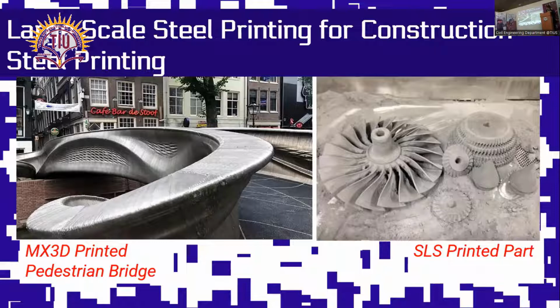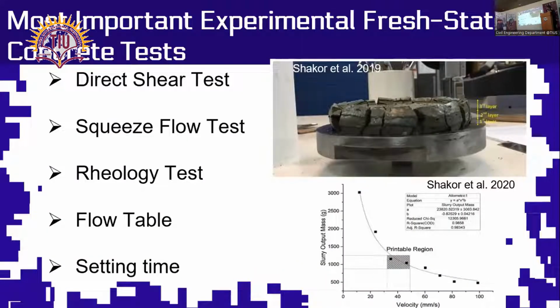Most important are the experimental tests that we should consider, especially for concrete. We need to use a direct shear test that we use for soil mechanics. This is the most feasible way to check the shear behavior of this material, especially in the fresh state. And the squeeze flow test, I used that test in 2019.